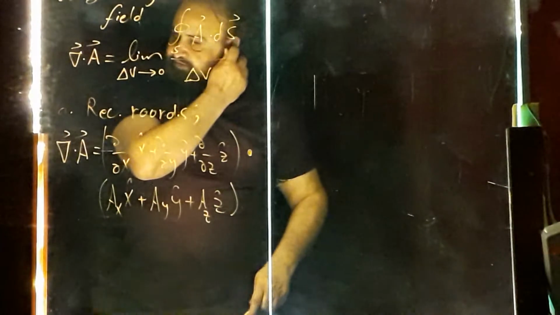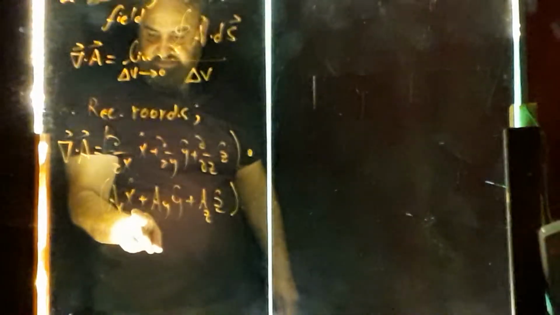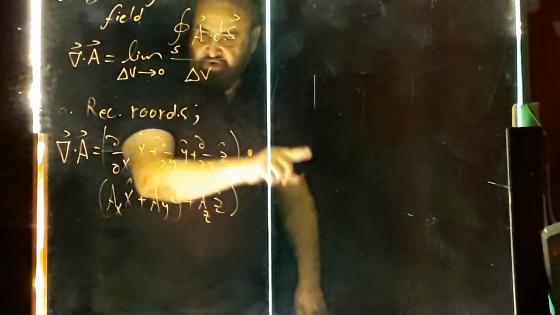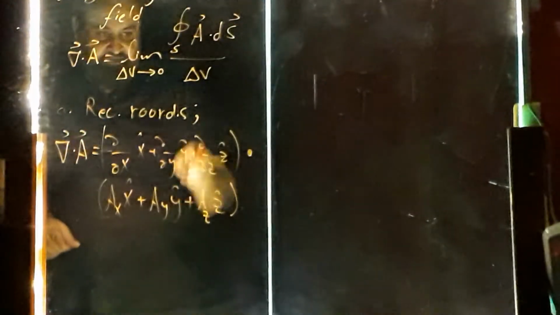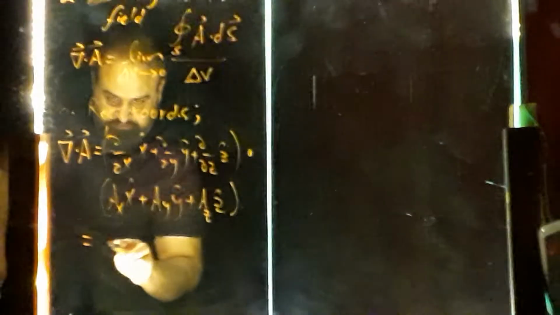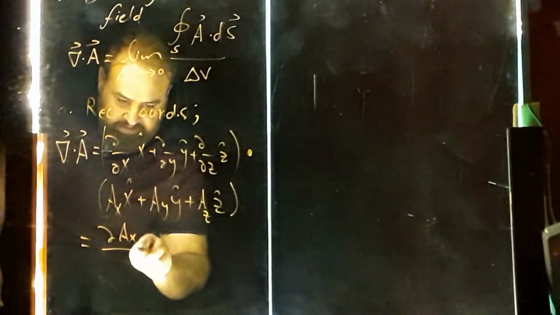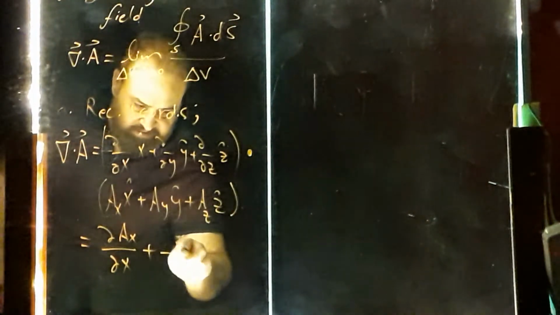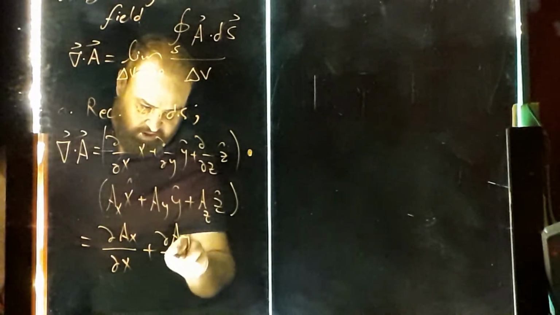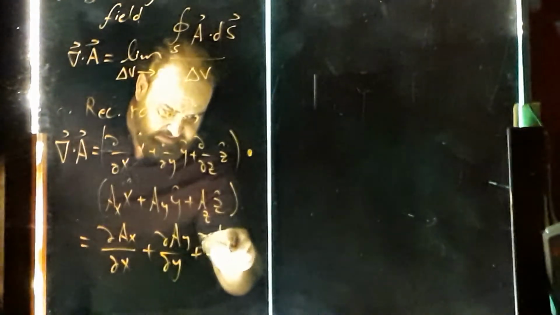We know that the unit vectors x dot x hat equal 1 and so on for y hat and z hat. So we obtain partial Ax over partial x plus partial Ay over partial y plus partial Az over partial z.